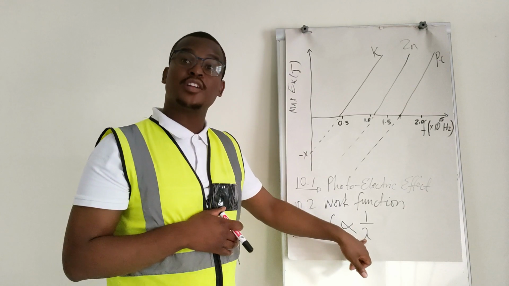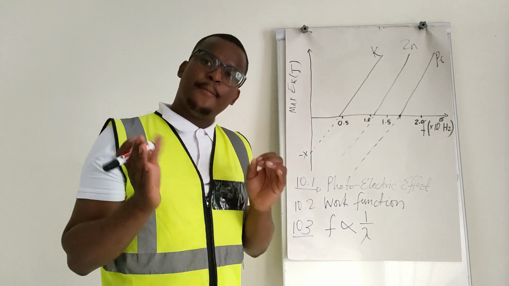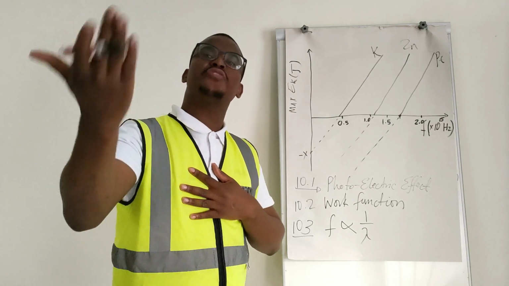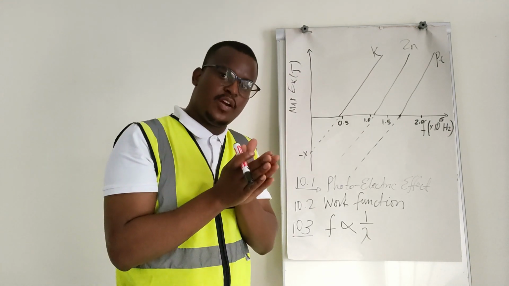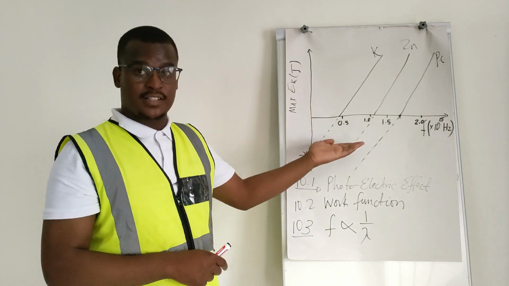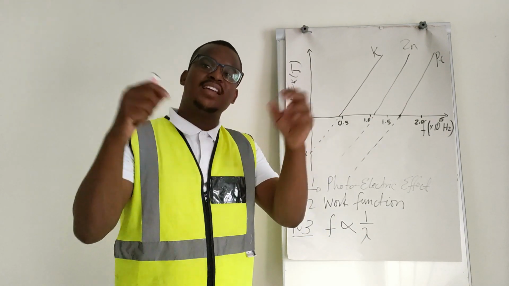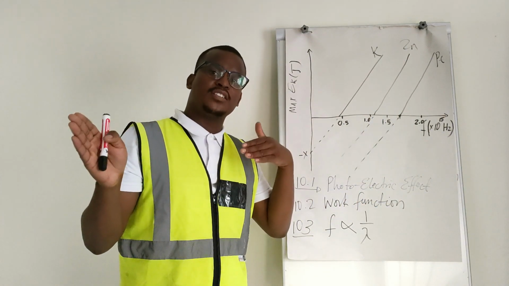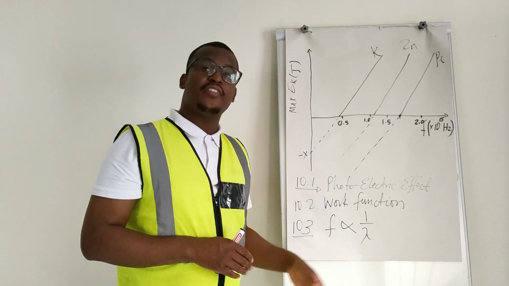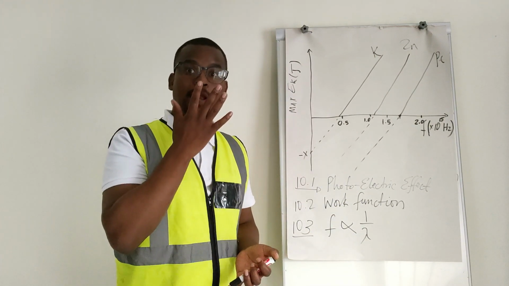A metal that requires very high frequency light will have the shortest wavelength, and vice versa. The metal which requires the lowest frequency is the one that is going to have the longest wavelength, because frequency and wavelength are inversely proportional to one another.